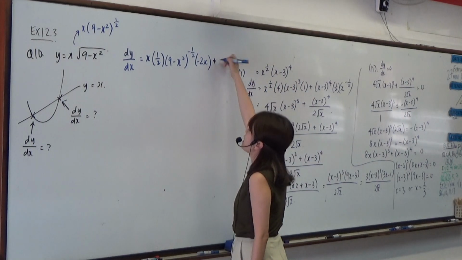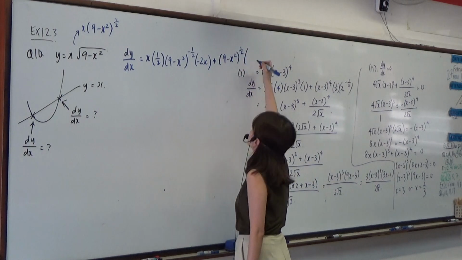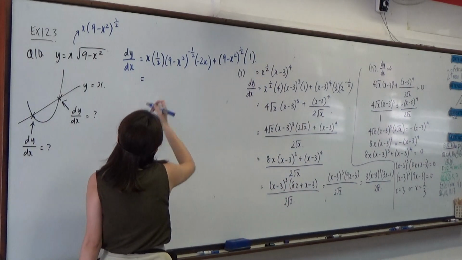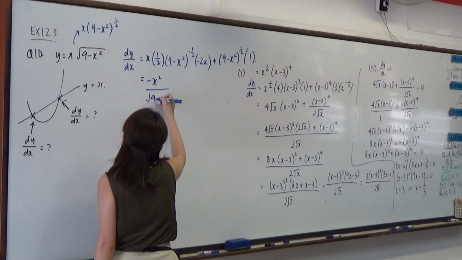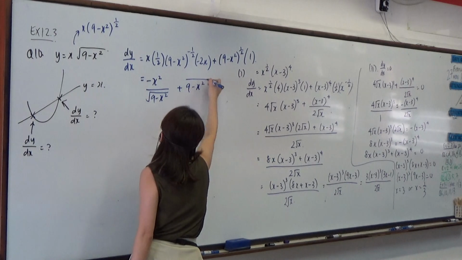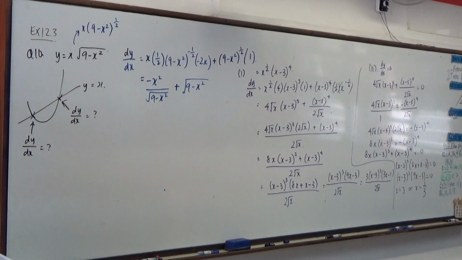Then plus keeping the right side, differentiate the left. And we will have negative x squared over square root of 9 minus x squared, plus square root of 9 minus x squared. So this will be our dy/dx.